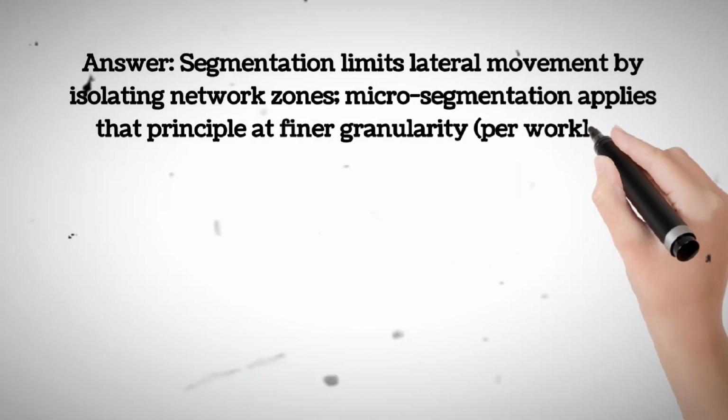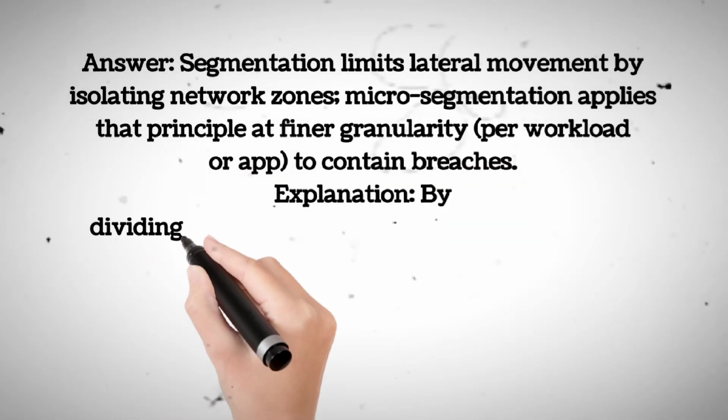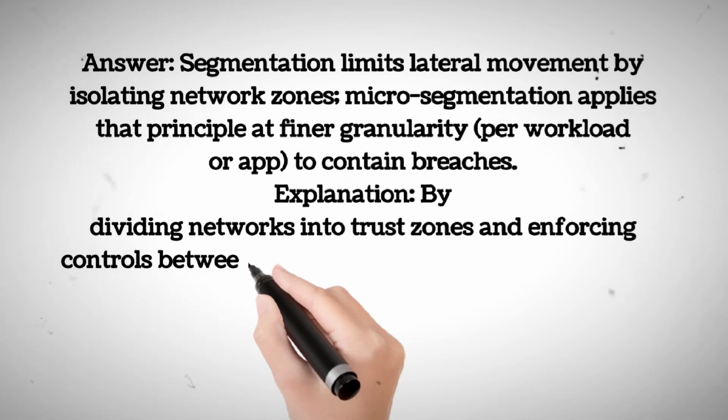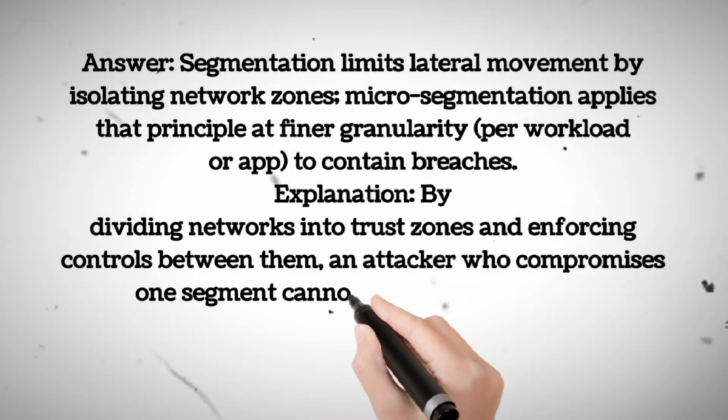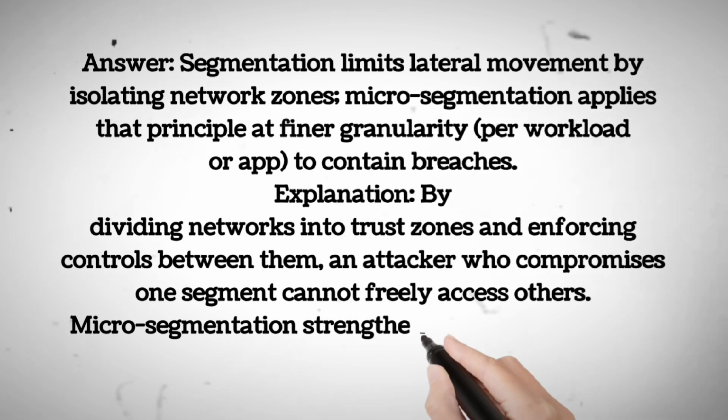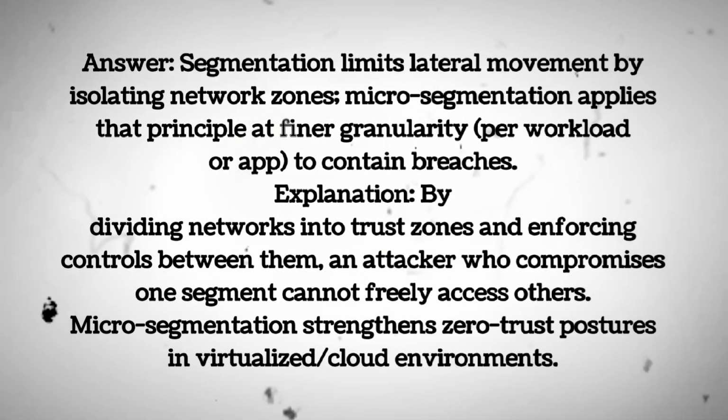Microsegmentation applies that principle at finer granularity, per workload or app, to contain breaches. Explanation: by dividing networks into trust zones and enforcing controls between them, an attacker who compromises one segment cannot freely access others. Microsegmentation strengthens zero-trust postures in virtualized cloud environments.